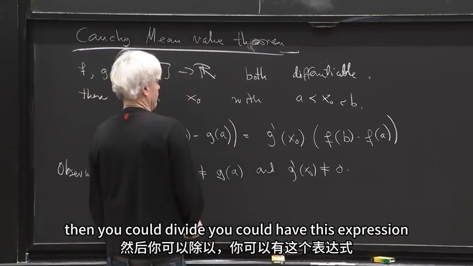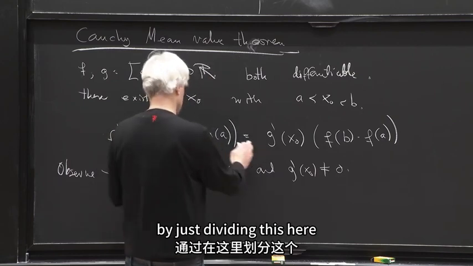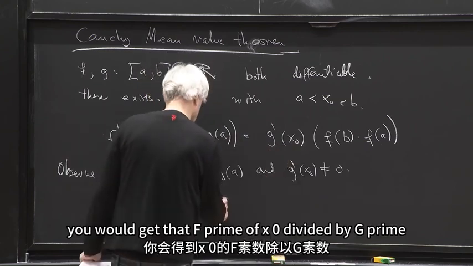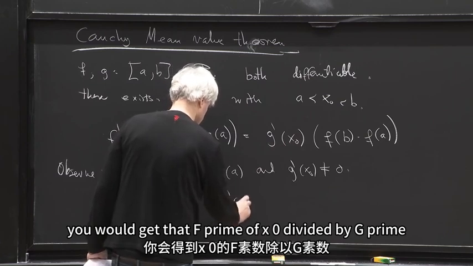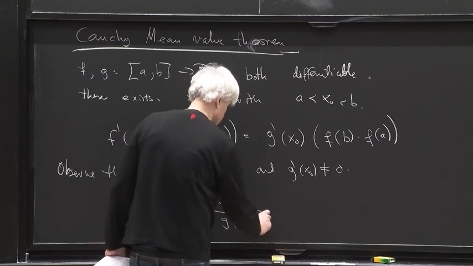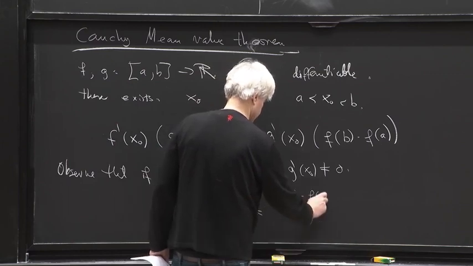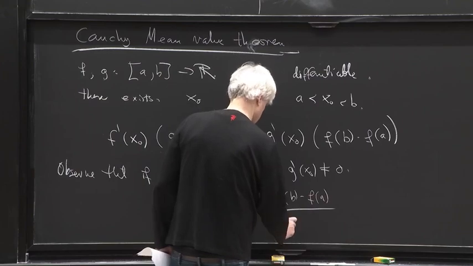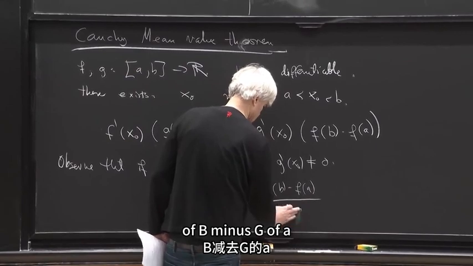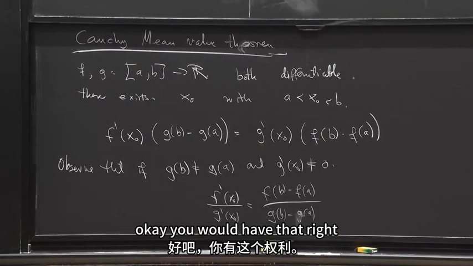By just dividing this here on both sides and this here on both sides, you would get that f prime of x0 divided by g prime at x0 is equal to (f of b minus f of a) over (g of b minus g of a). Okay, you would have that, right?